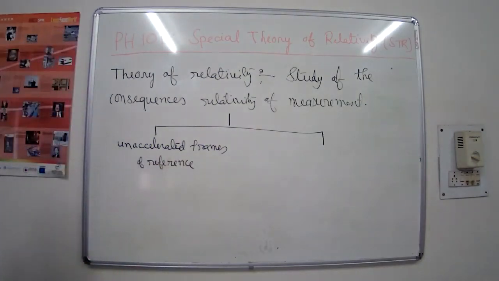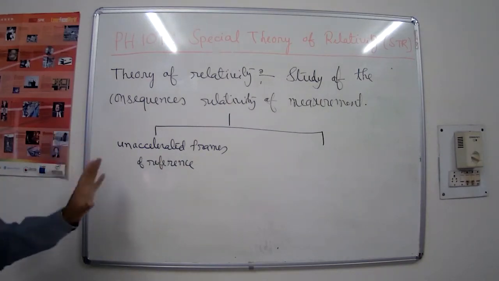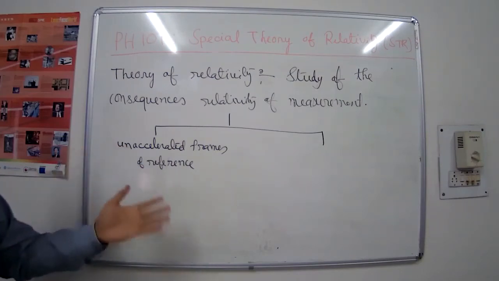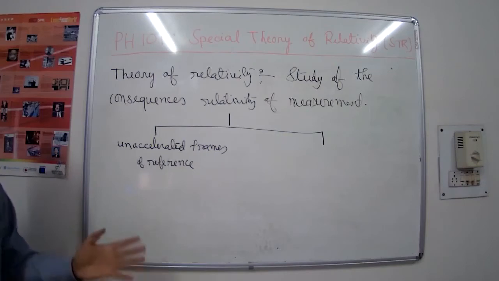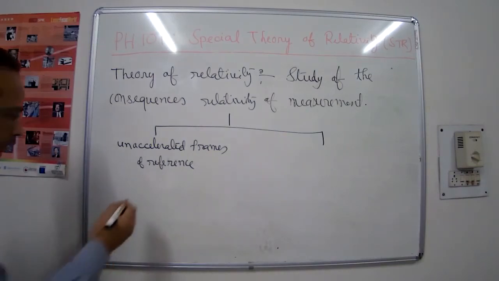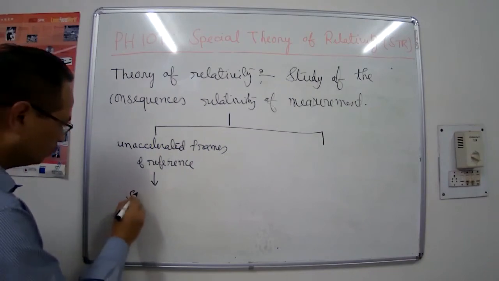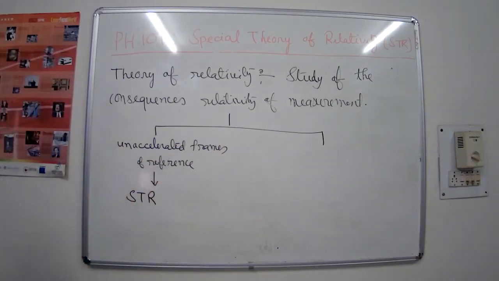When you are talking about different frames moving with constant speed, not accelerating means one has to be moving with respect to the other at a constant speed. This branch of relativity is called the special theory of relativity, which we are going to discuss in this particular course.